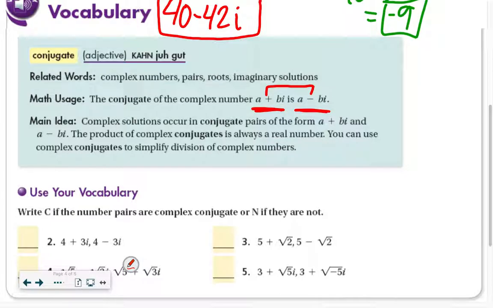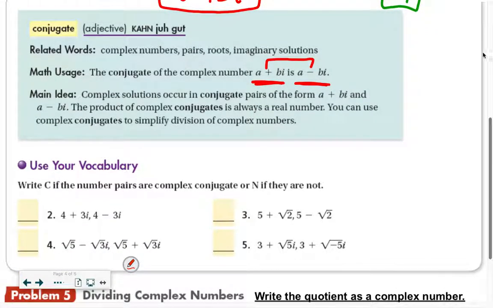Okay. So this first part is just asking if the numbers are complex conjugates or not. So are they the a plus bi, a minus bi? If I have 4 plus 3i, 4 minus 3i, are those conjugates? Yeah. So we're going to write C. How about 5 plus square root of 2, 5 minus square root of 2? Yeah, those are opposites, right?